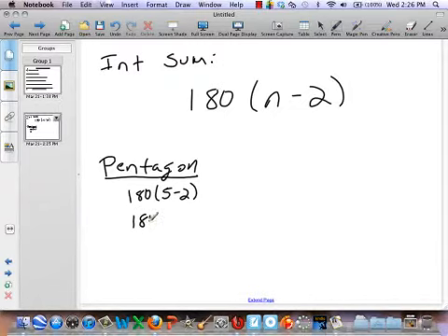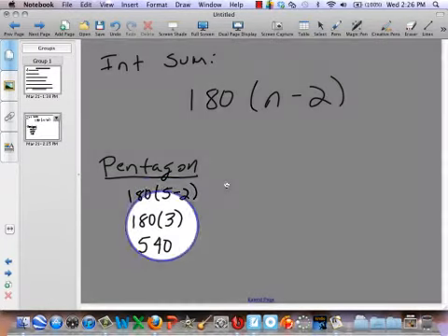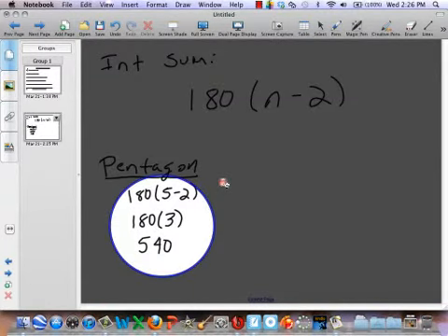So now we have 180 times 3 is equal to 540. Guys, collectively, that's the work I want to see from you. And that's exactly what I'm hoping to see from you for your homework tonight. Okay? So that's finding the sum for any polygon. Are there any questions on that concept?